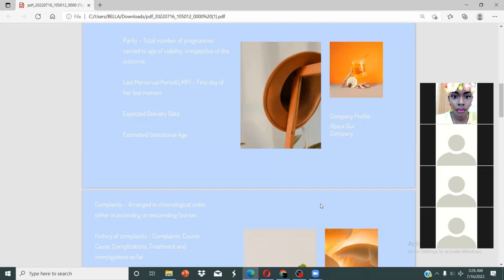In September, her expected date of delivery is 12th of September. So 12th of September is 1 week and 5 days. So you write 1 week plus 5 days.